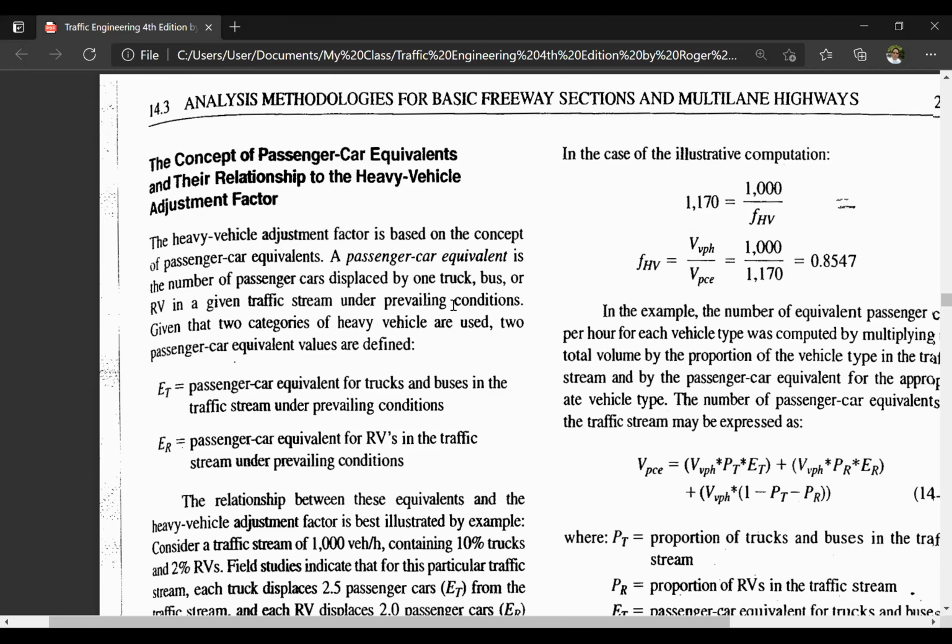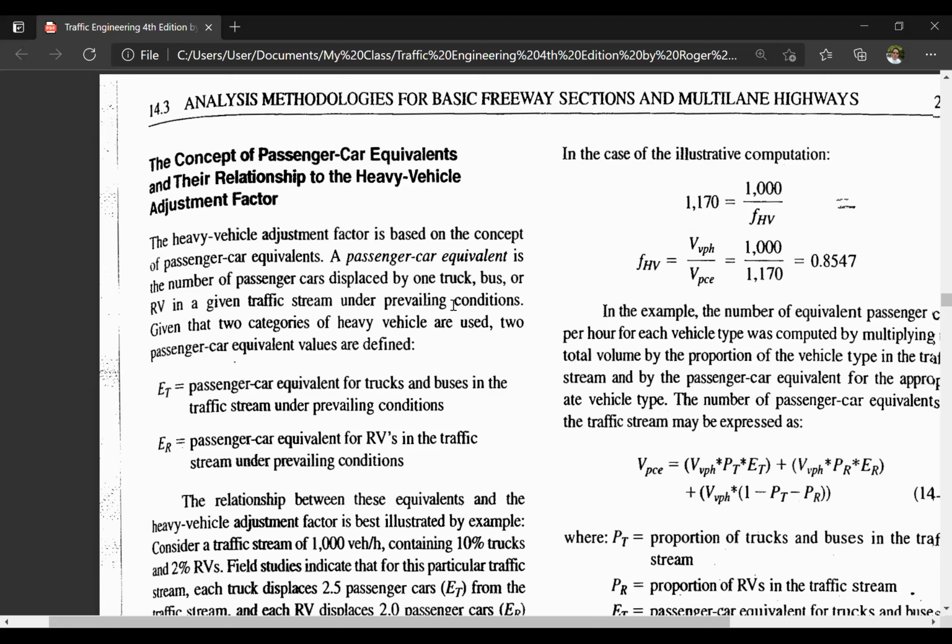Anyway, as a traffic engineer, you want to compare the same thing, right? So you want to know one truck is equivalent to how many passenger car vehicles. So this is what they're talking about.